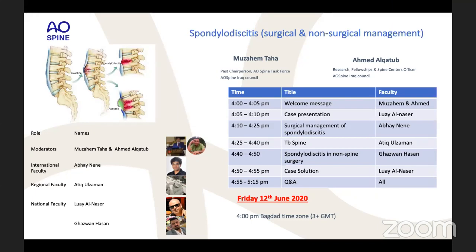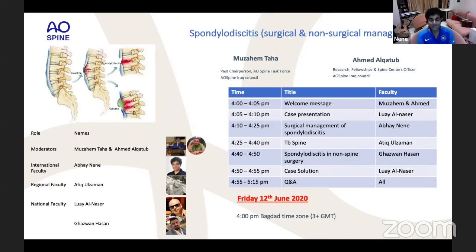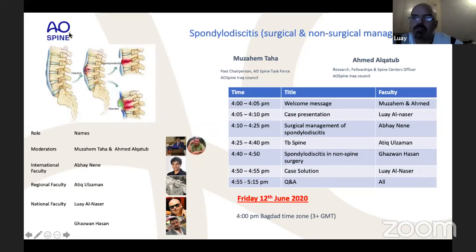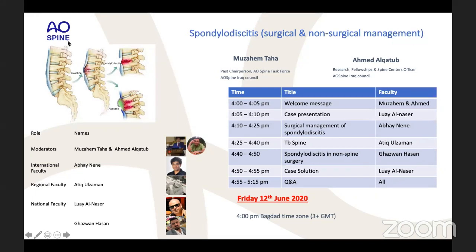Nini, can I comment? There's some paper suggesting that if you get a positive blood culture with a common microorganism, you can proceed with antibiotic treatment without taking a biopsy from the disc. Absolutely.